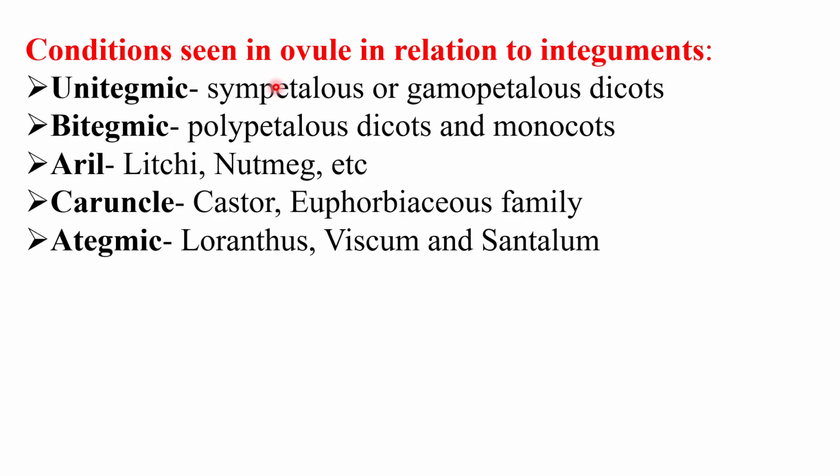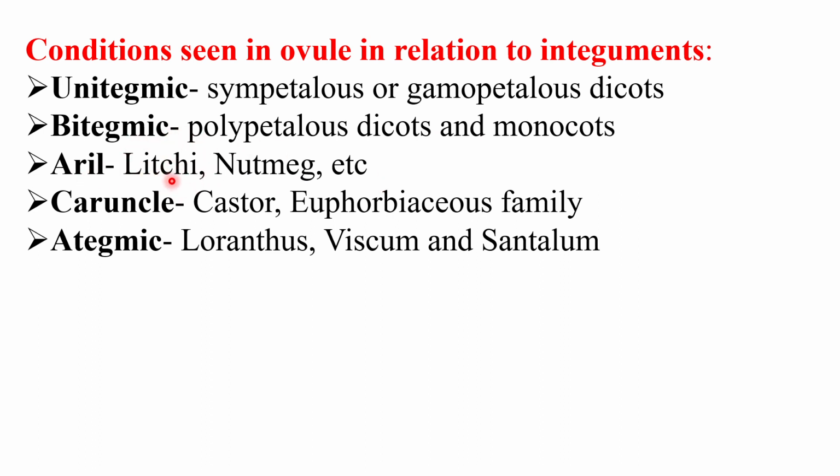The conditions seen in the ovule in relation to integuments are: unitegmic, in which one integument is formed. It is found in sympetalous or gamopetalous dicots. In the bitegmic type, two integuments are found, and it is found in polypetalous dicots and monocots. An aril is found in lychee, nutmeg, etc. This is the important example.